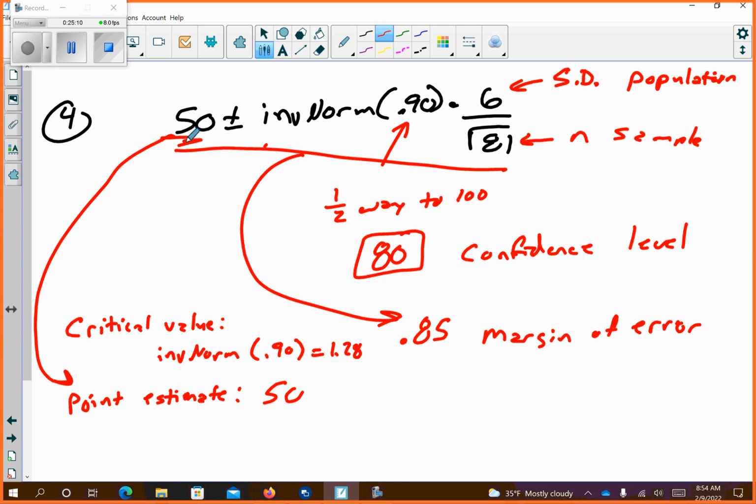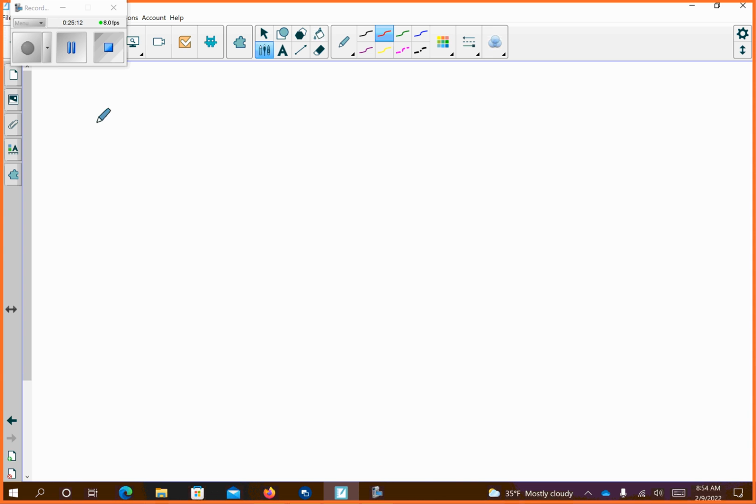Okay. All right. So number 5A. When the confidence level is increased, the interval is wider. So maybe on your note card put all of number 5. That way you can refer to it.